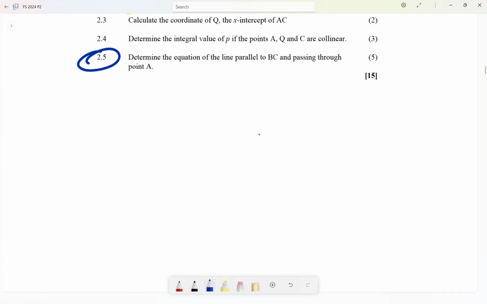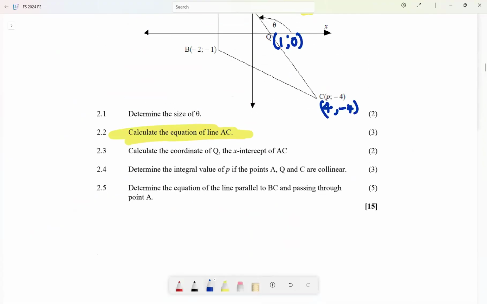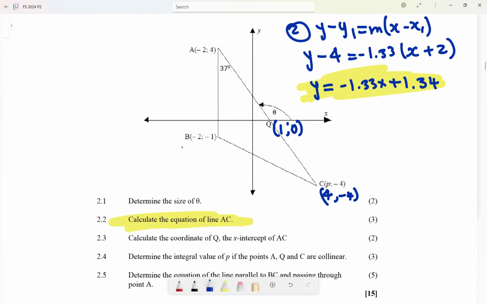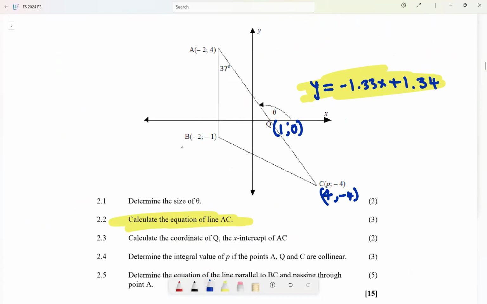With them, 2.5 says now, determine the equation of the line parallel to BC passing through point A. These equations, I like them. Okay, let me remove this. Maybe I might need this equation, I don't know.